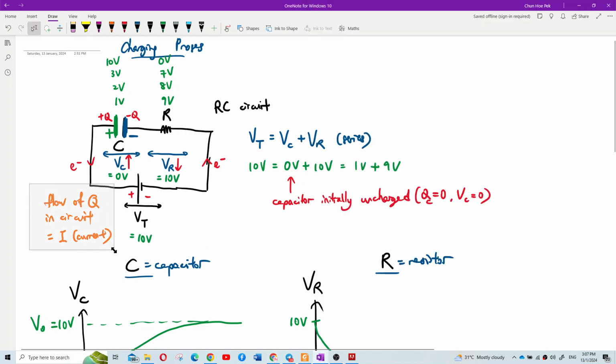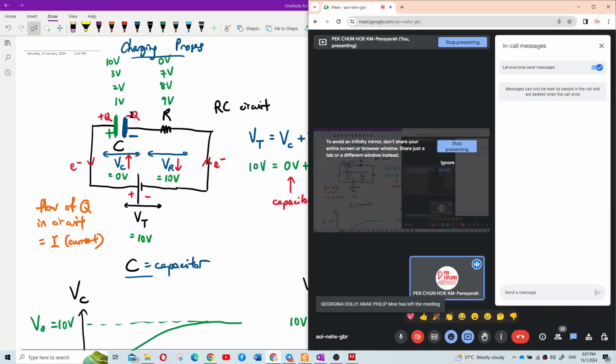Class, I want to ask you, in the charging process, does the circuit have charge flow or not? When charging the capacitor, is there any charge flow in the circuit? Yes or no? Yes, thumbs up means yes. So there is charge flow in the circuit.